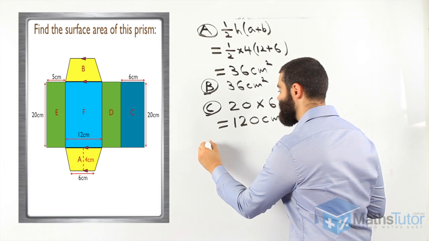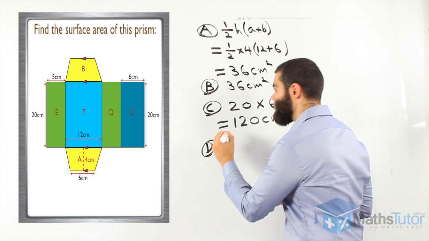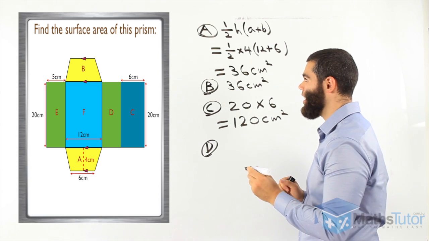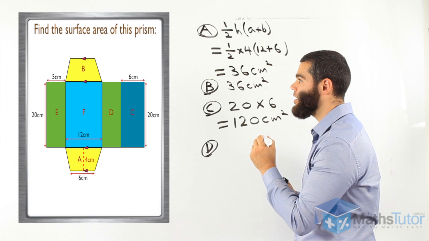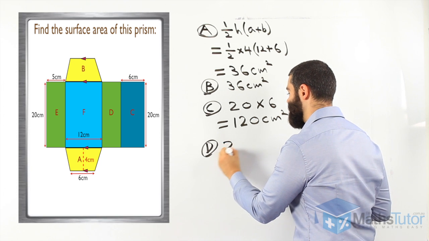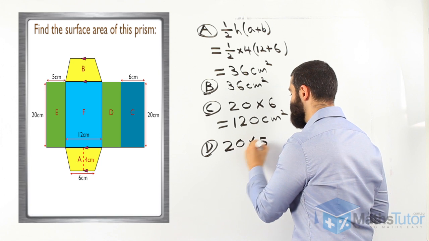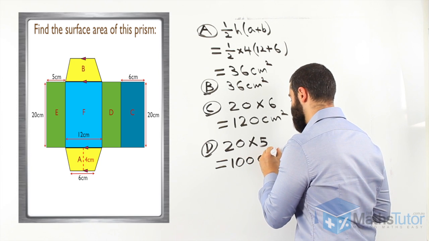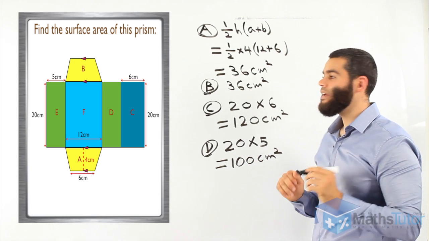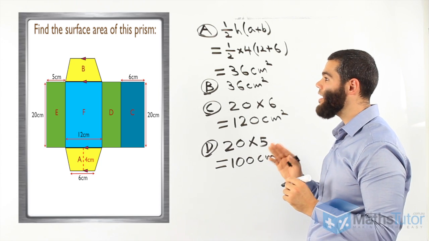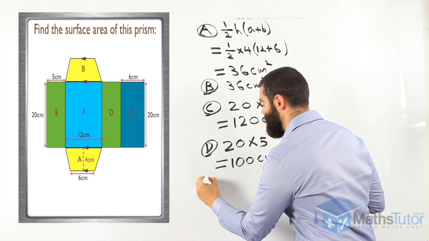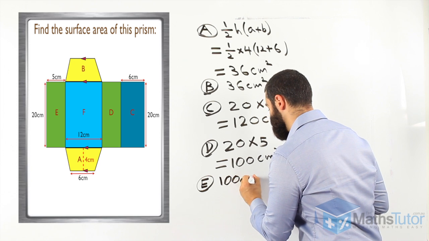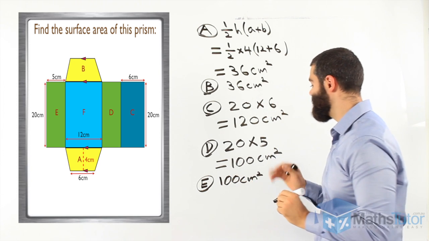Working out D, we have the length of 20 and the height, or the breadth, of 5. So 20 times 5, 100 square centimeters. And lastly we have E, and then we're going to do F. So E is 100 as well, the same size as D.